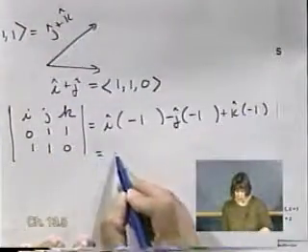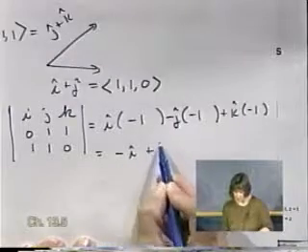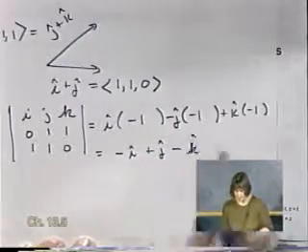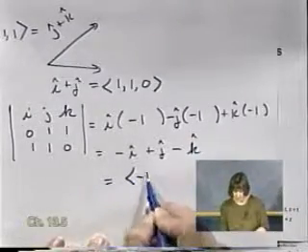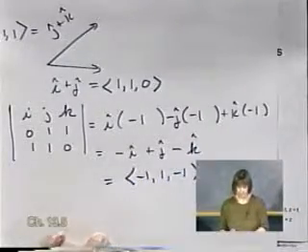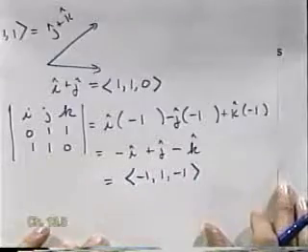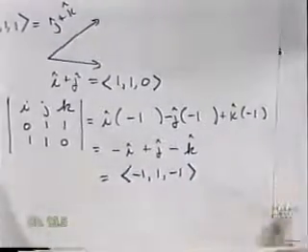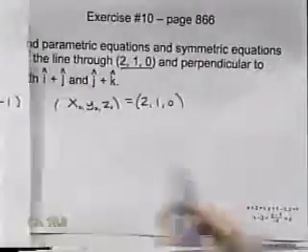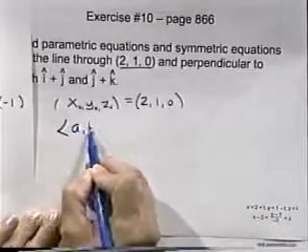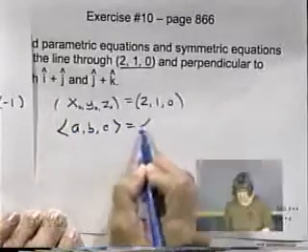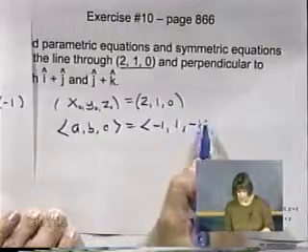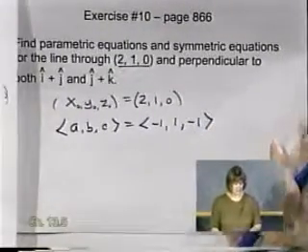So this looks like it's minus i plus j minus k. So I have this vector, I'm going to write it as minus 1, 1, minus 1. Okay? And so therefore a vector parallel to my line, my A, B, C, is negative 1, 1, negative 1.